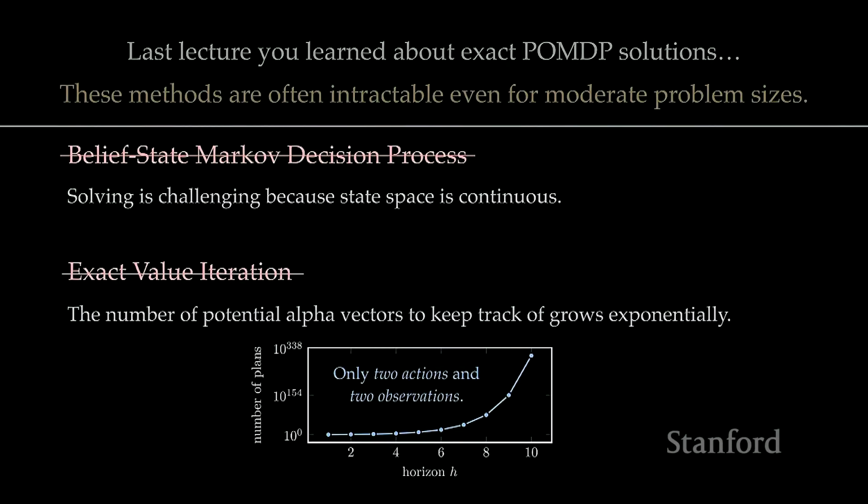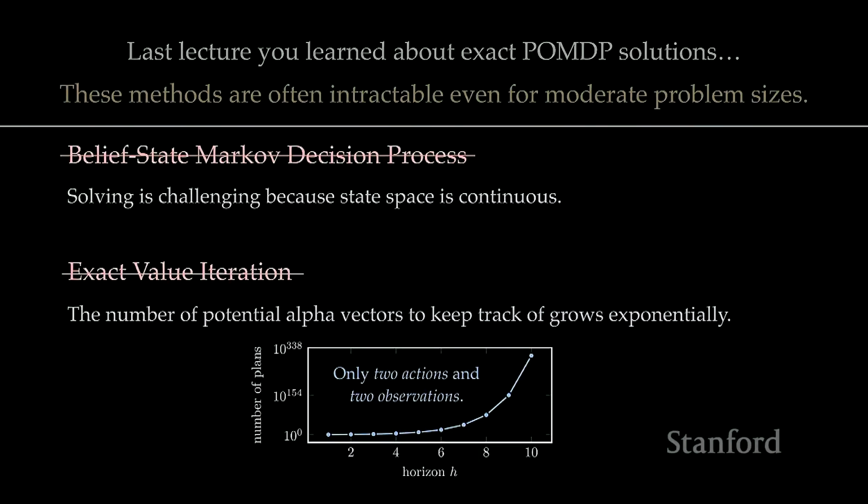For example, this is a figure from the textbook for a PBVI where we only have 2 actions and 2 possible observations. So super small, you can think of the crying baby problem. But even for a time horizon of 10 steps into the future, the possible number of conditional plans or alpha vectors that we may have to keep track of is 10 to the 338. So there's just absolutely no way we can do this, and it grows insanely fast.